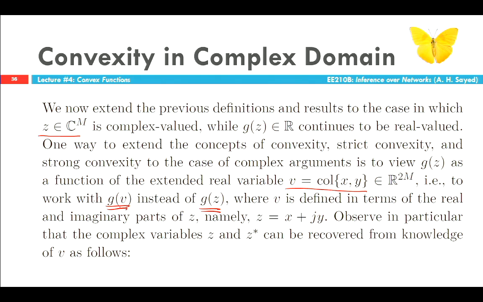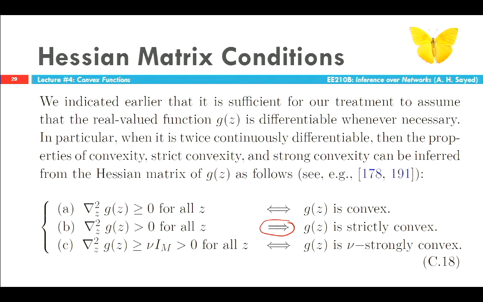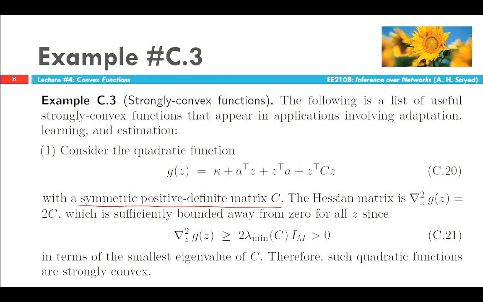The inner product inequalities that you saw in this table would be described in the V domain, but I want to describe them in the Z domain. So I want to show you how to do that, and how these expressions will look in the complex case. You understand what I'm doing? Okay, so let's go.